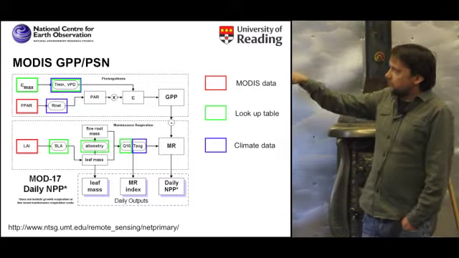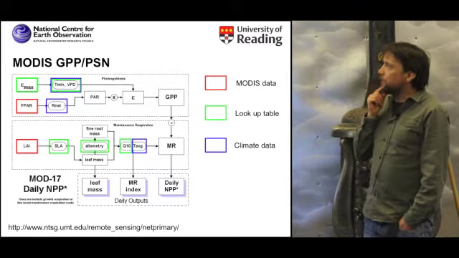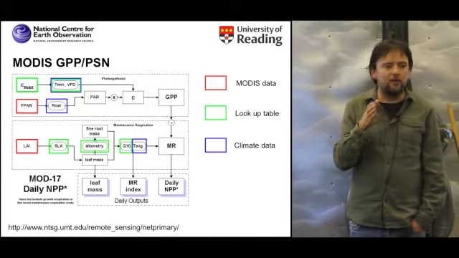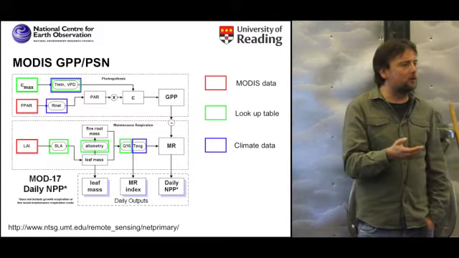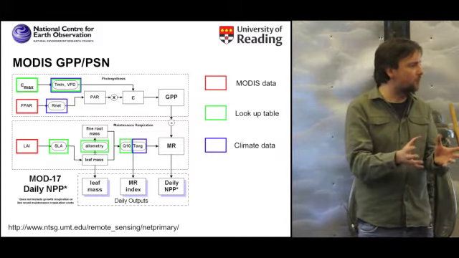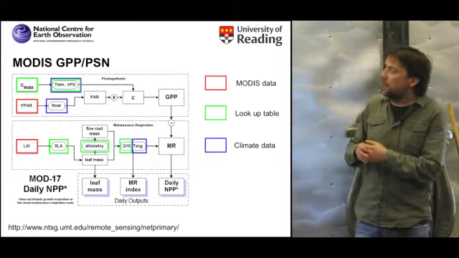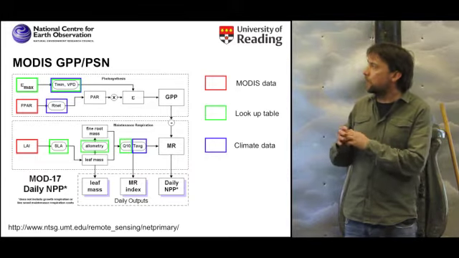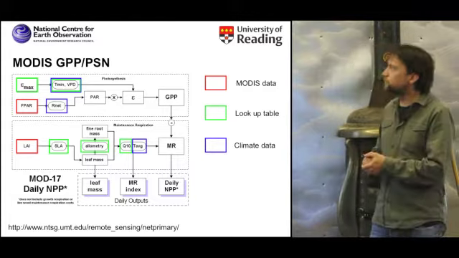The red boxes are where the satellite data is coming in. The green boxes are where there's some lookup table being employed. That might be, for example, a lookup table as a function of the biome that is being observed, so the hypothetical maximum efficiency is based on whether it's an evergreen forest or a deciduous forest and so on.